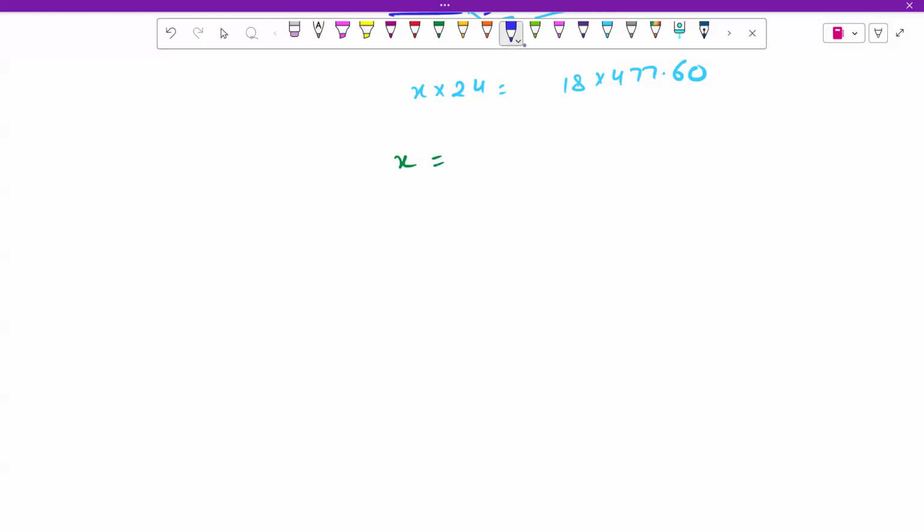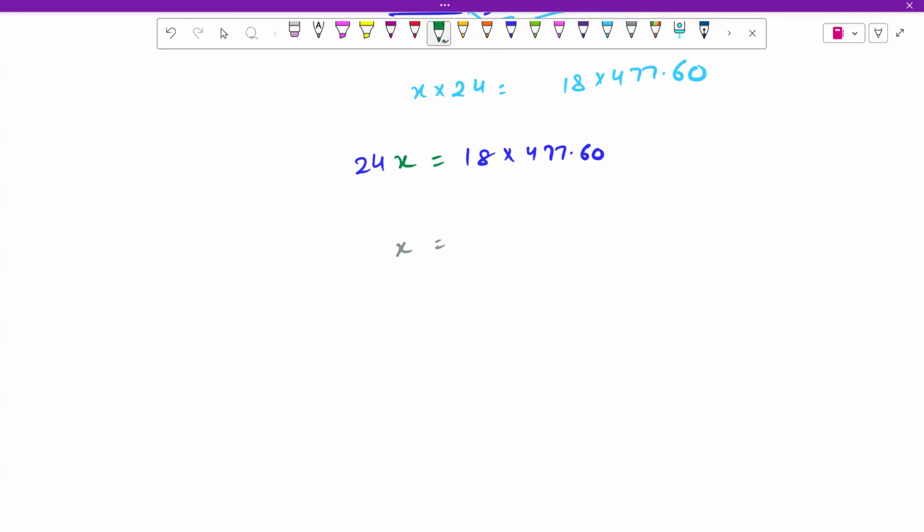We wrote it like 24X is equal to this value, right? Okay, we want to find X. How can we do that? We divide by 24. Very good.